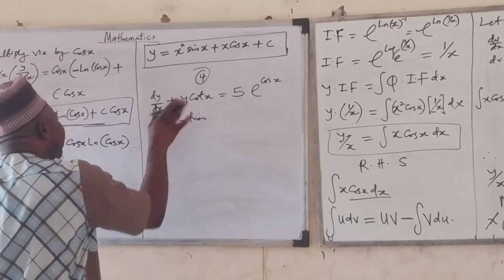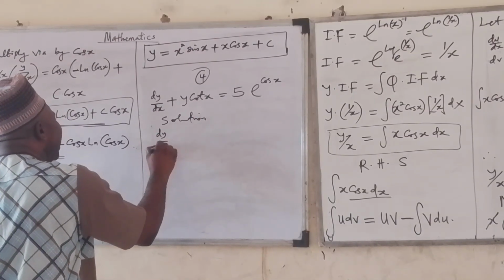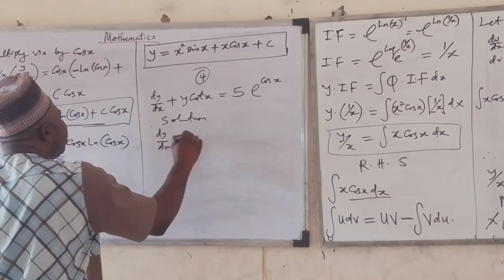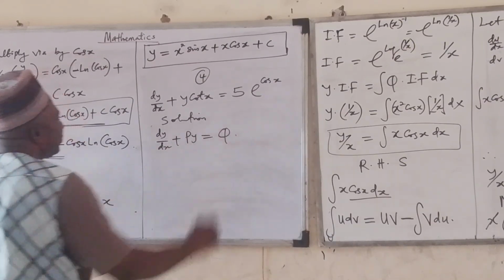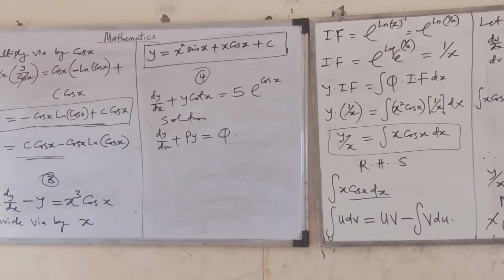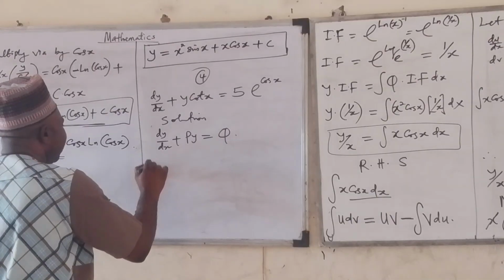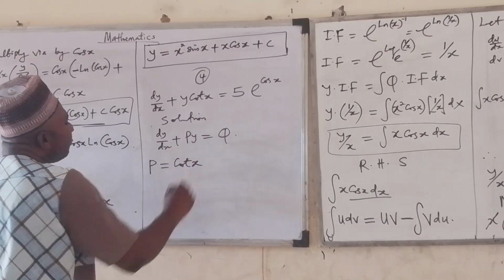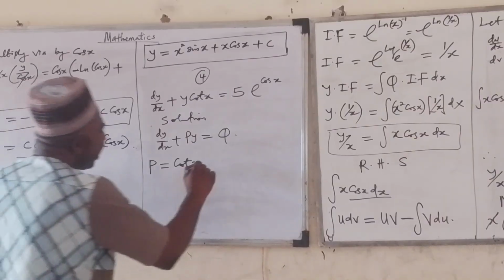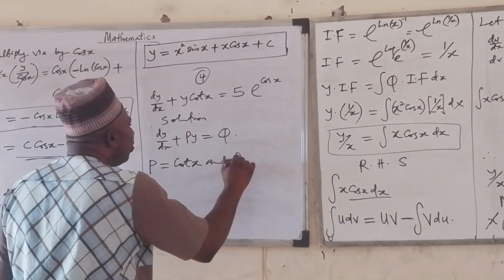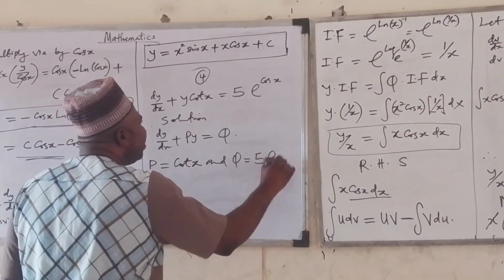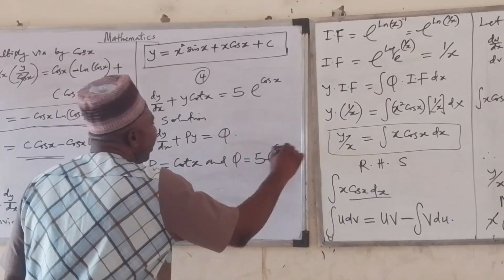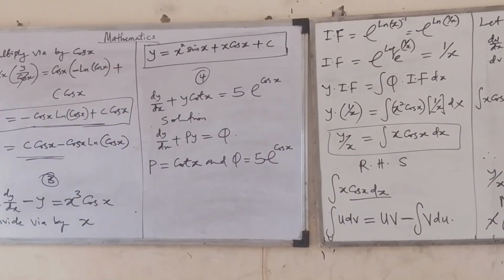Now comparing this with dy all over dx plus py is equal to q, it means our p here will be cot x, and q will be equal to 5 e raised to the power of cos x.